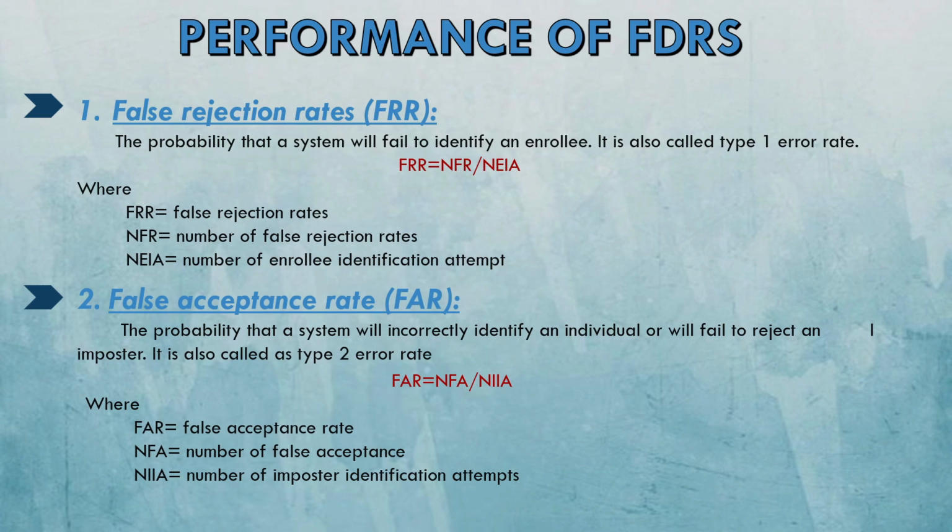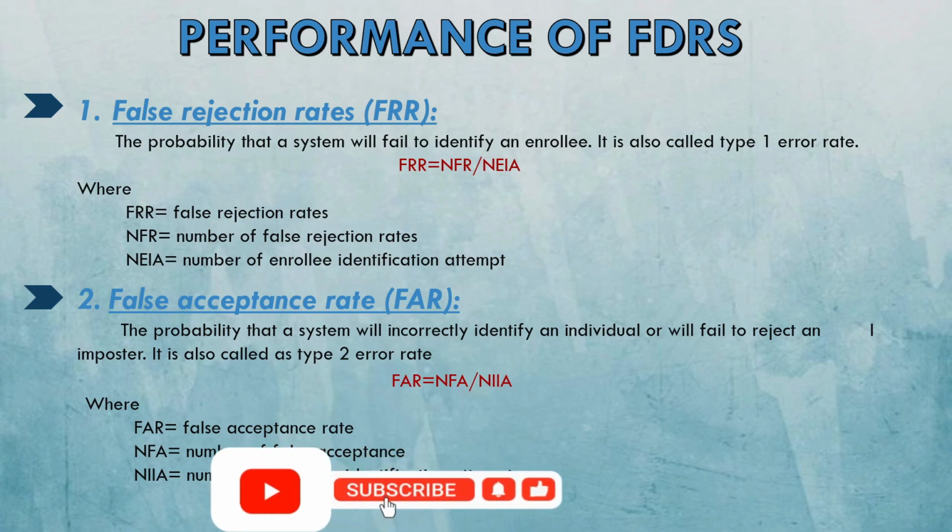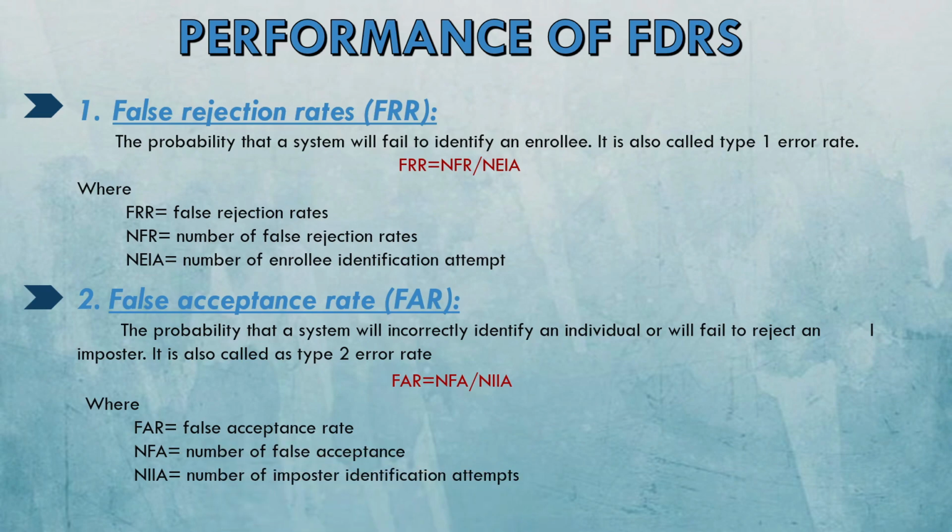Next is the false acceptance rate. In this scenario, a person is not enrolled in our database. That means the facial data of that person is not present. We have not trained our model with that data, but our machine learning model will accept that face and recognize that face too.